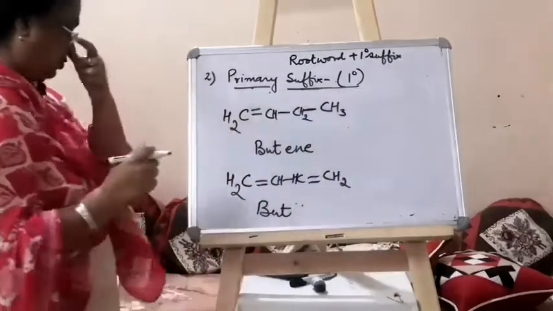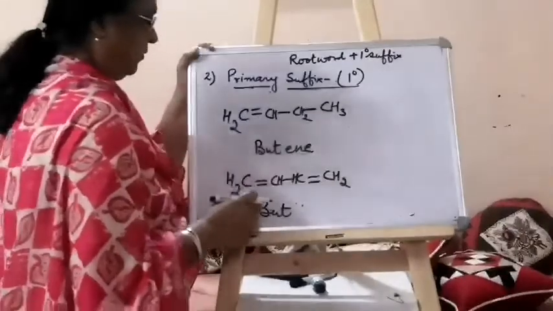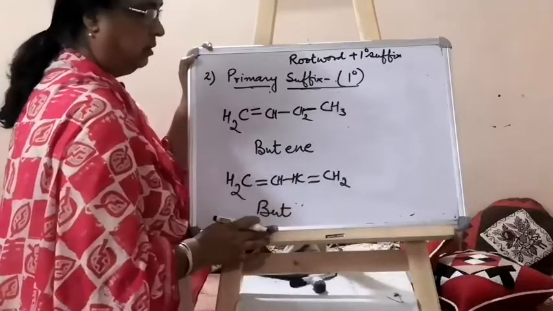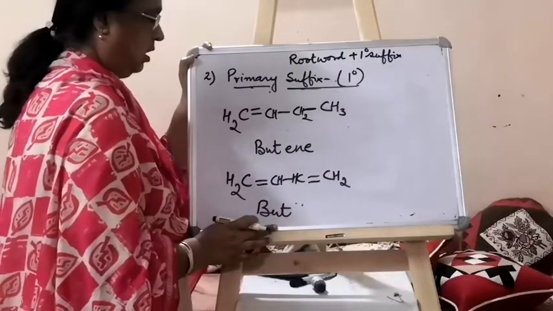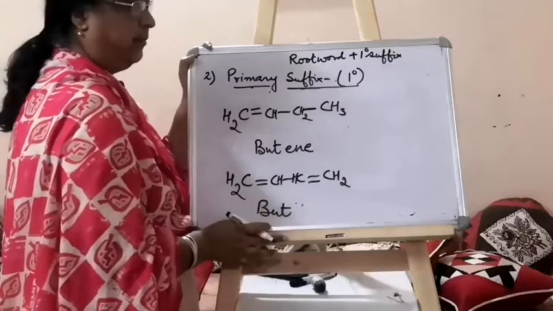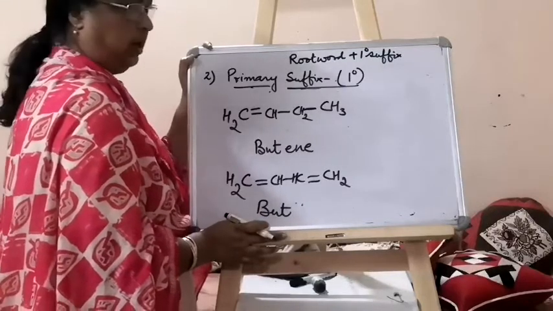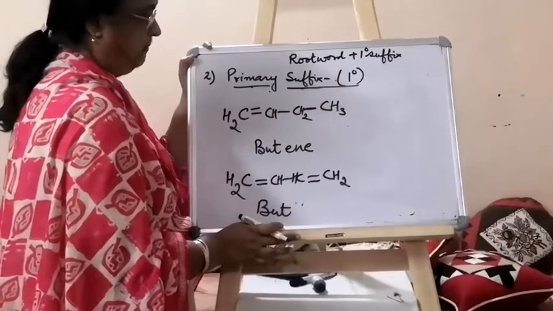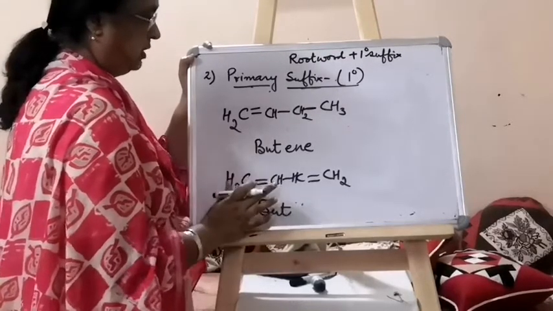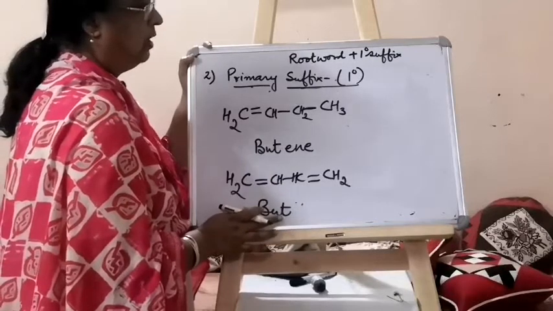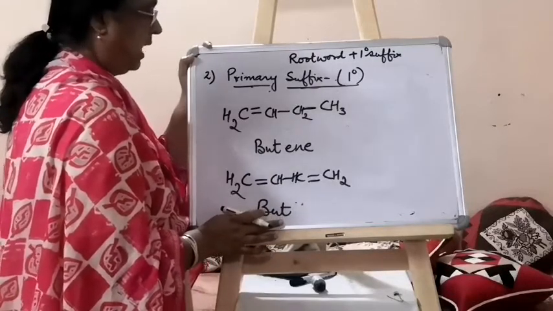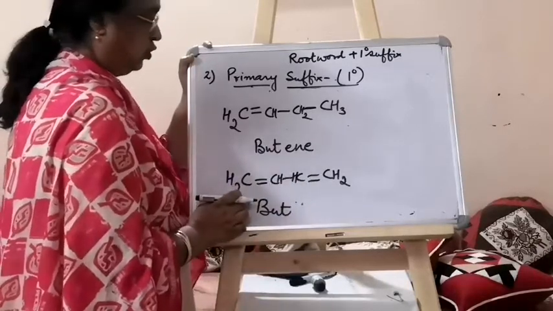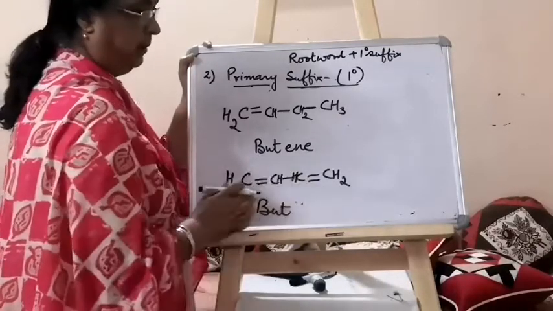Here I will teach you some more rules. Then we have a double bond more than once. When we have more than one double bond, and it is not at the terminal, we have to number these carbon atoms to show the position of the double bond.